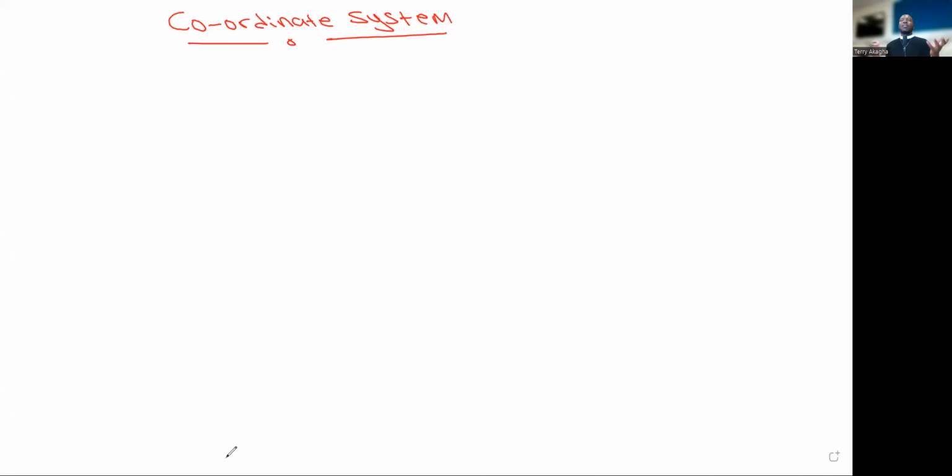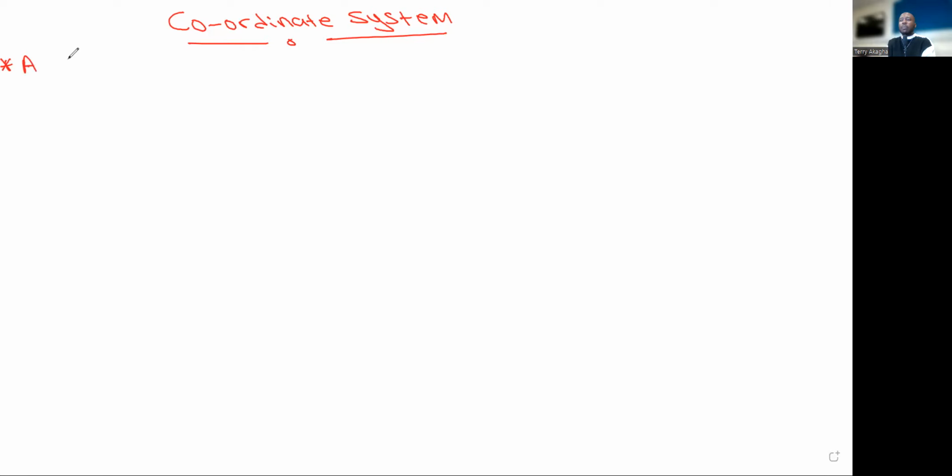So a coordinate system is basically a method of identifying location of a point on the earth. Okay, so that means this is a method that mathematicians came up with so that we can locate any point on the earth. So I'm going to write it down for those of you that are taking notes so that it will be easy for you.